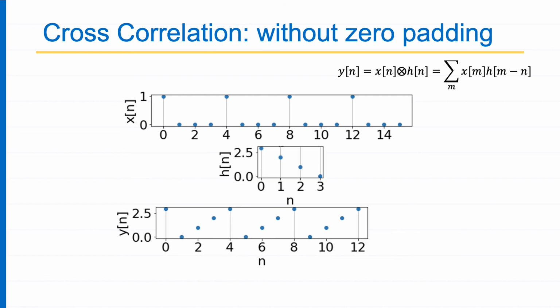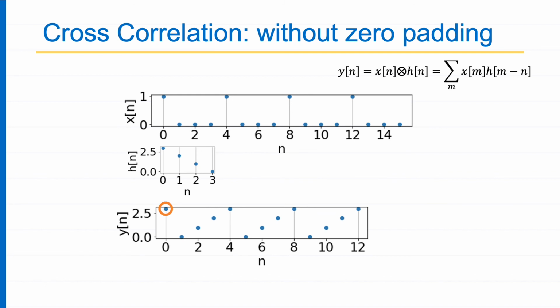Now cross correlation without zero padding means x of minus 1, x of minus 2 are unknown. I don't know them, so I will only consider y of 0, which is x0 h0, the sum of x of m h of m over all m. So I multiply x0 with h0 and that's it.